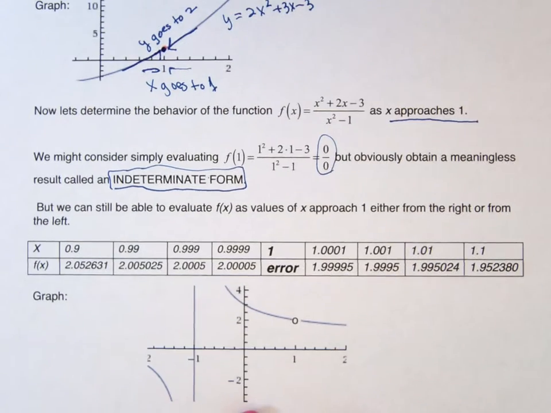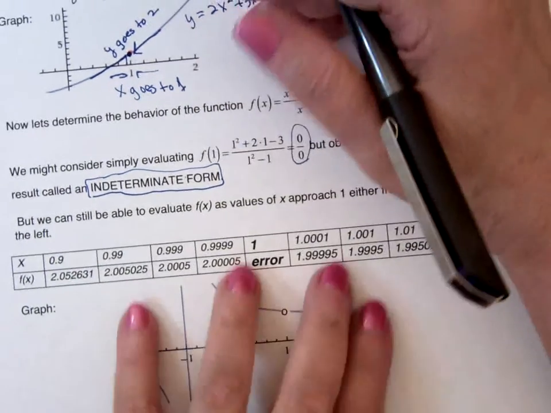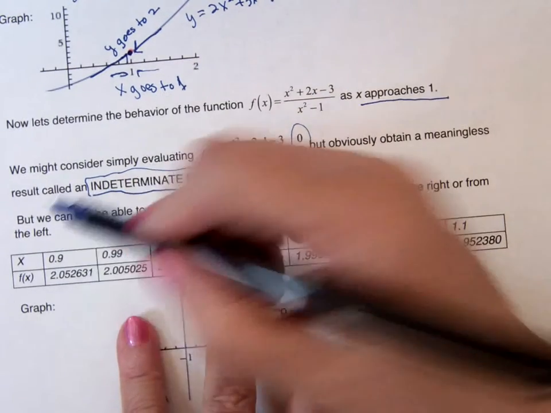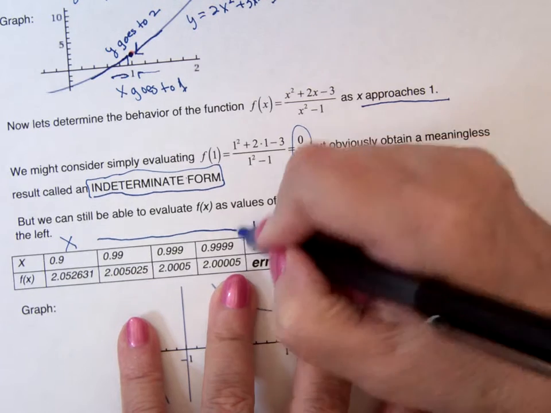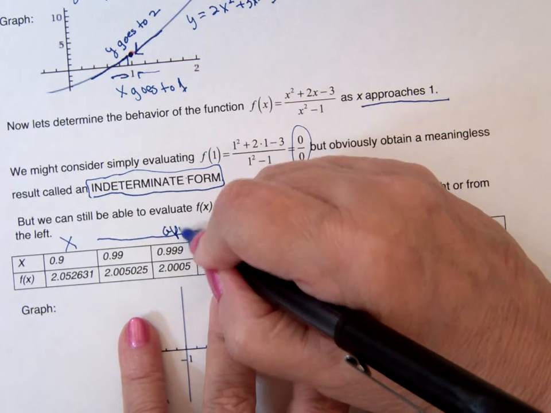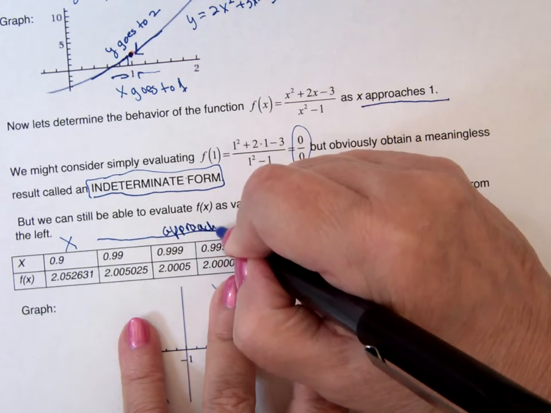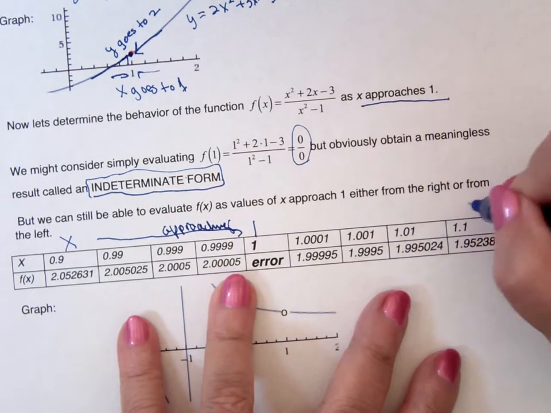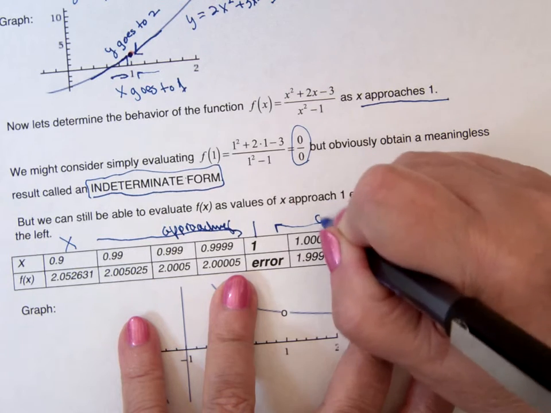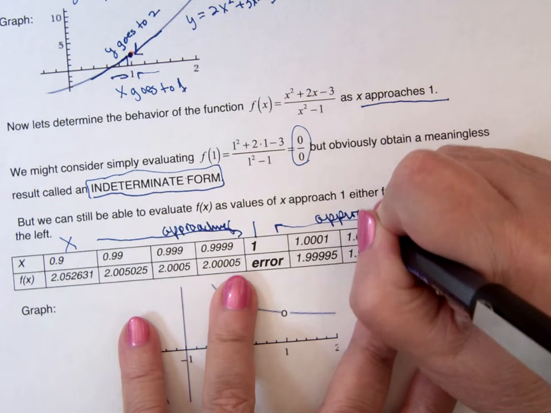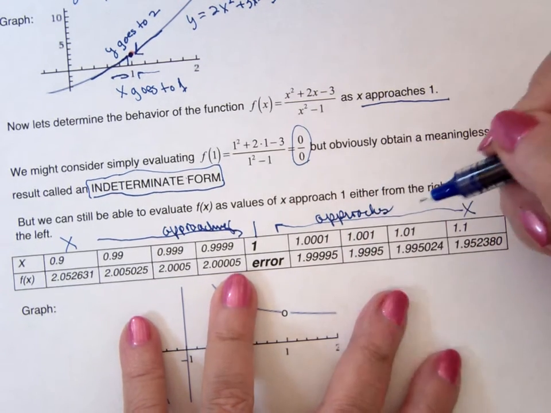Now, if I look at the same chart, I notice that x is approaching 1 from the left and from the right.